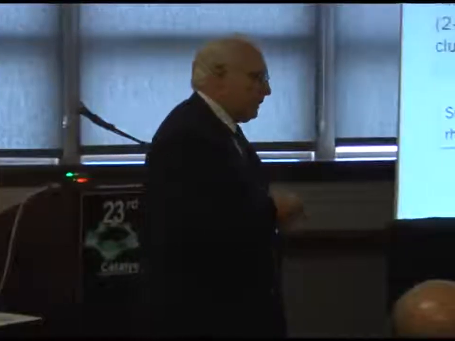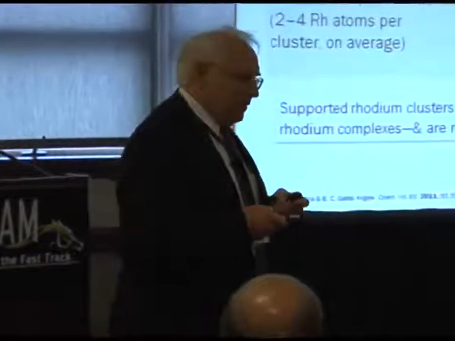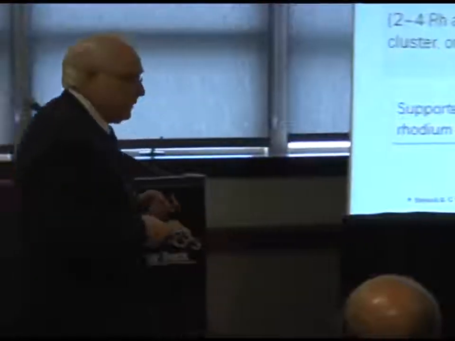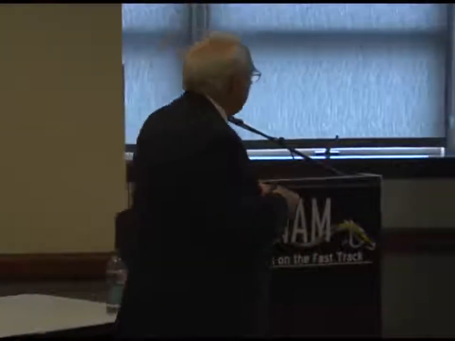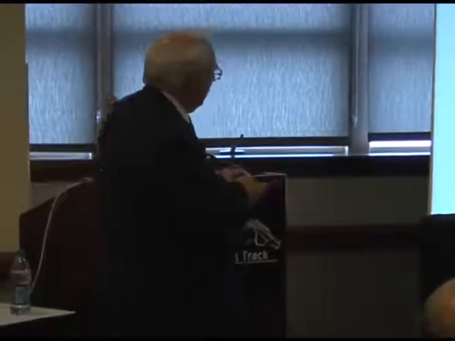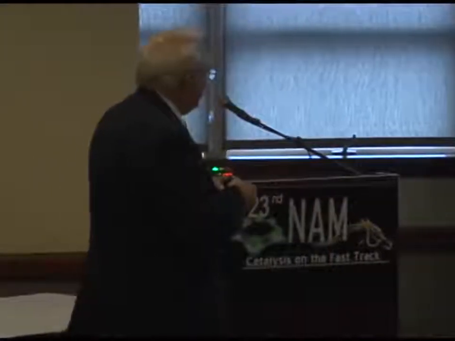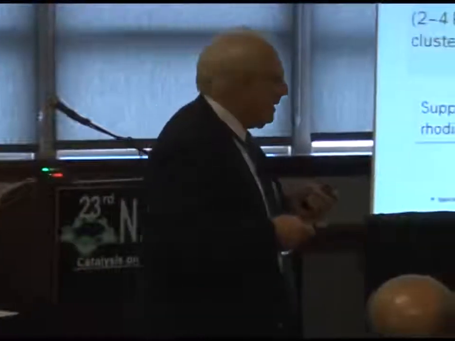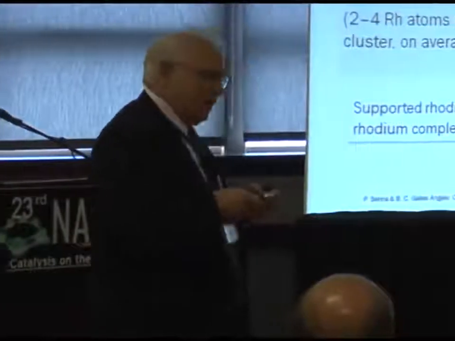Now let's go one step further and complicate it. Let's change the nuclearity of the metal. So this is the rhodium. I'll come to the iridium in a minute. We can take the rhodium complex on the zeolite. Those are the results we saw. Now if we treat the sample in hydrogen at maybe 100 degrees for a little while, we start forming clusters.